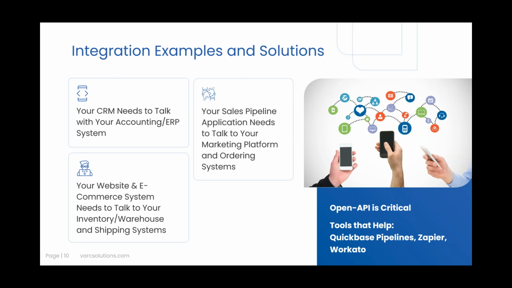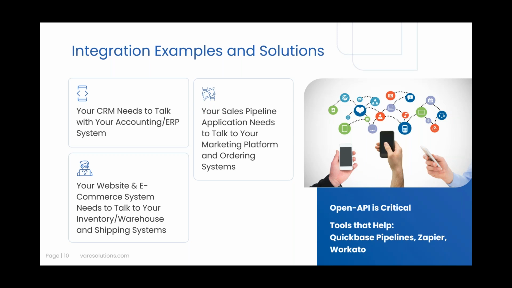However, there are also very mainstream integration platforms that you may have heard of or may have used in the past. One is called Zapier. The other one is called Workato. Zapier and Workato are very, very mainstream, highly used integration platforms that allow you to connect one thing to another.